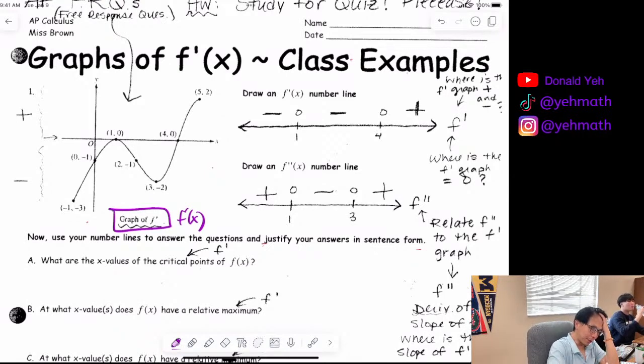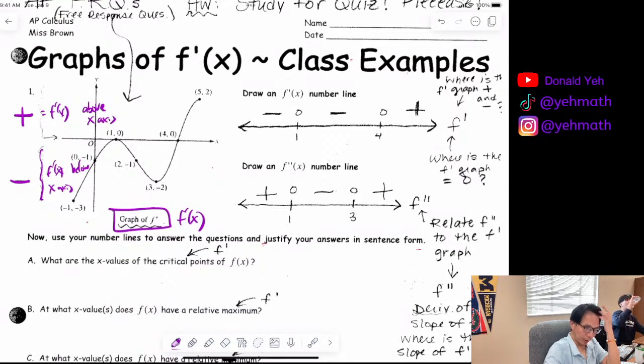Now, also understand that this is positive. Positive means f prime of x is positive, because it's above the x-axis. And this is negative, which means f prime of x is below the x-axis. So here it gives you a 0 because you have a horizontal tangent, then minus, minus, and plus.